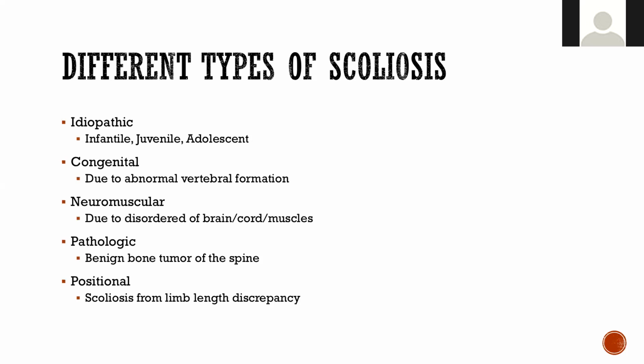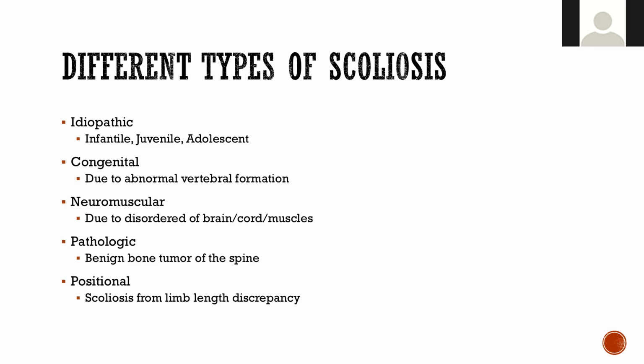Neuromuscular is due to brain, spinal cord, and muscles, so CP, Rett syndrome, SMA, muscular dystrophy, spina bifida, and polio. To go back to congenital, it can be associated with things like Klippel-Feil disease and some very rare things like Goldenhar syndrome, oculoauriculovertebral syndrome, and Jarcho-Levin syndrome. I don't know what those are, but they exist.